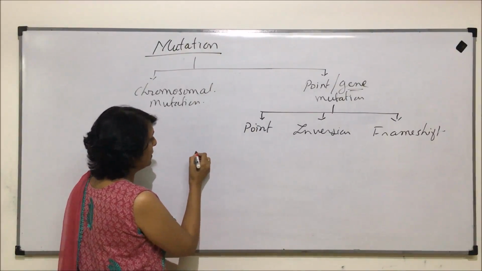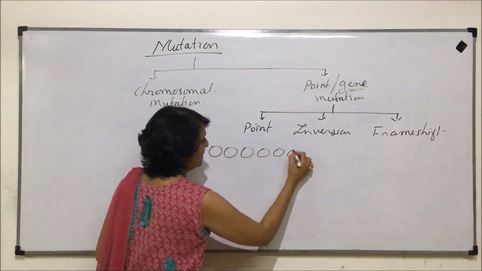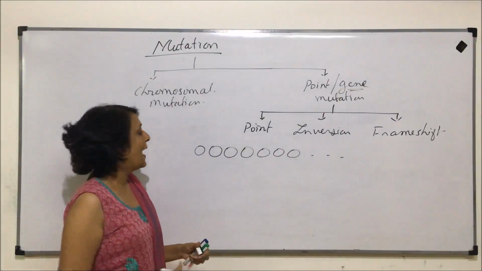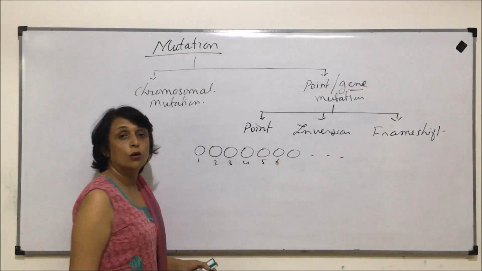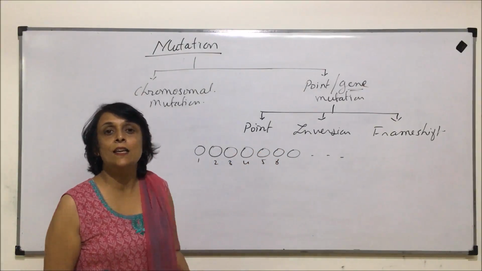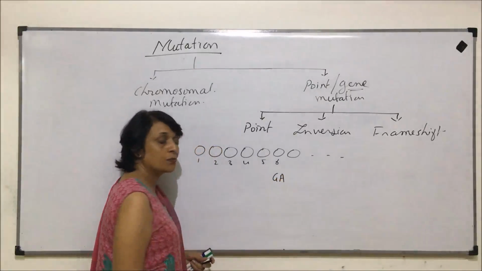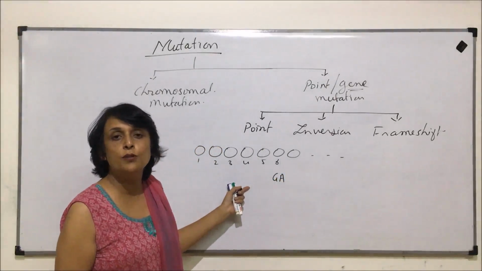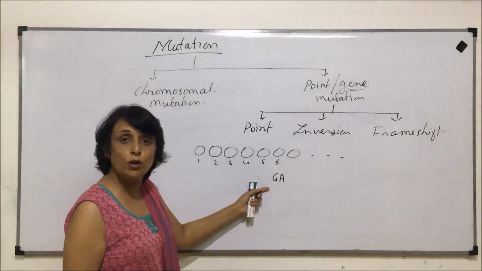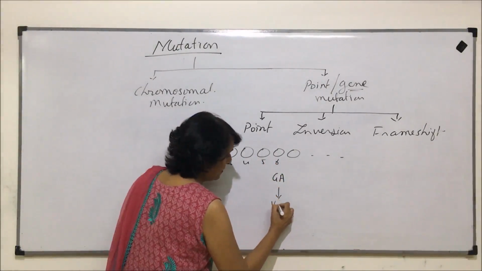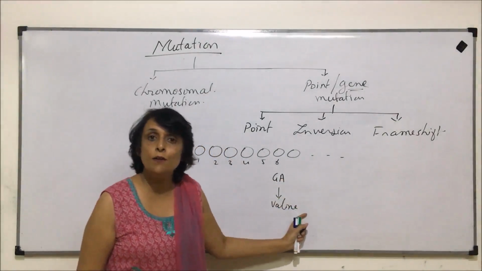In sickle cell anemia, there is an amino acid chain, and at the 6th position, glutamic acid gets replaced by valine. So normally at the 6th position in the normal hemoglobin chain, that is the beta chain, there is glutamic acid; it gets replaced by valine, and that results in this defect.